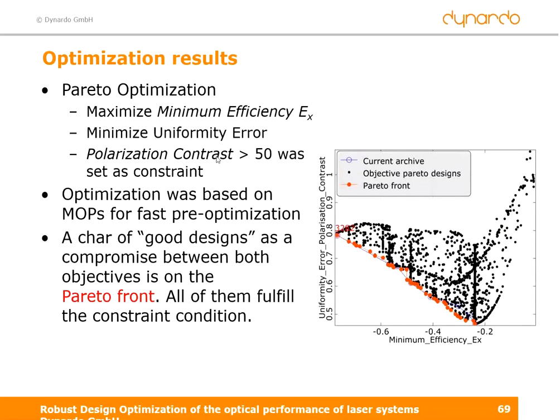At the same time, the polarization contrast should be higher than 15, and this was set as a constraint. As I said, we used the meta model as a fast pre-optimization, and we got a set of good designs, as you can see here.